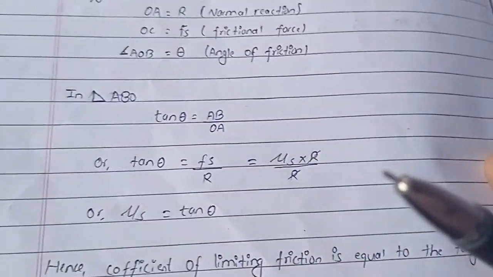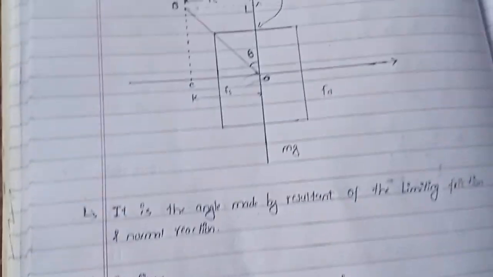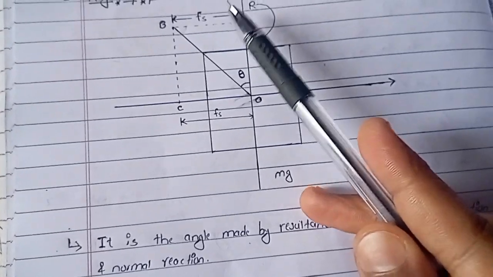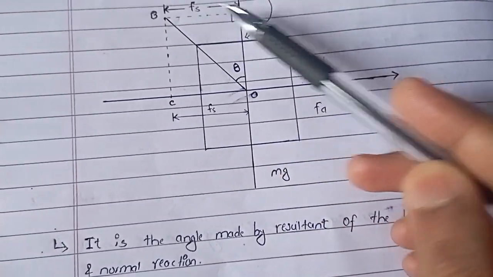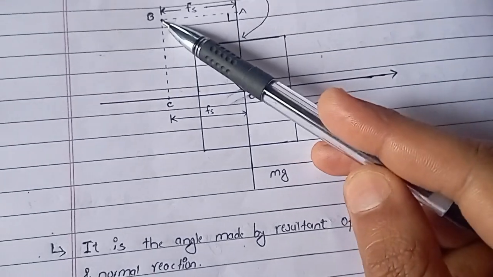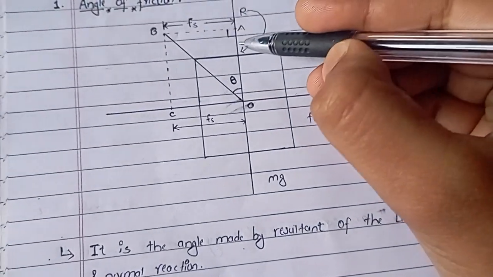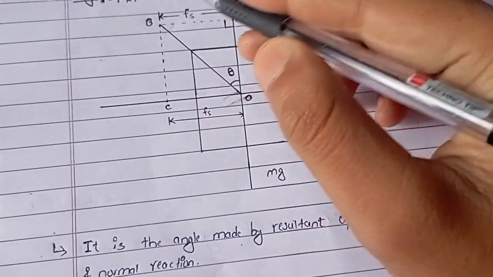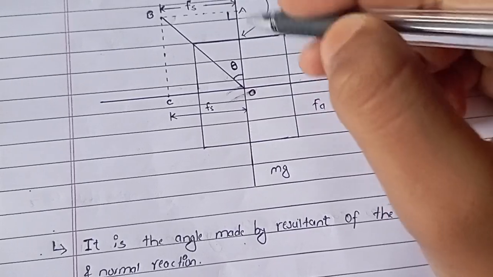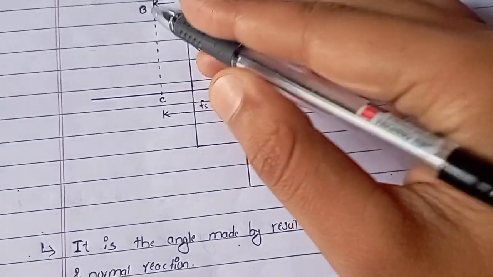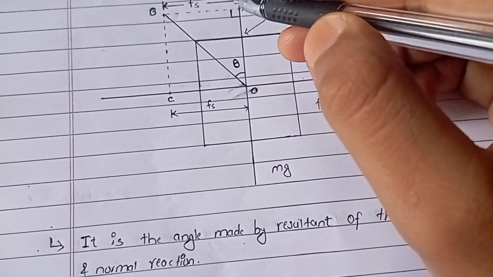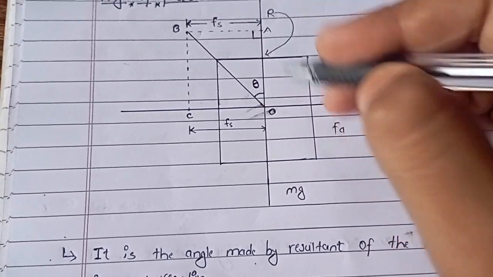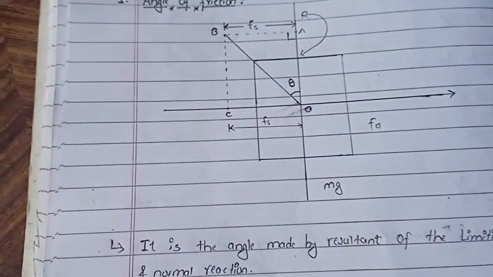Let's go to the figure. In the figure AOB, tan theta means perpendicular by base, that is AB divided by OA, which gives tan theta.